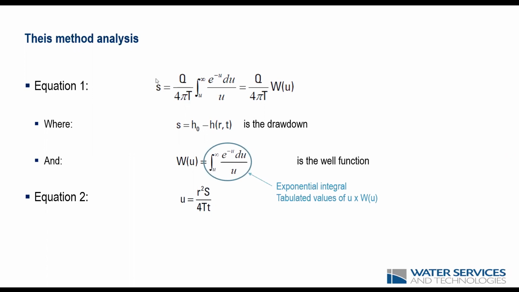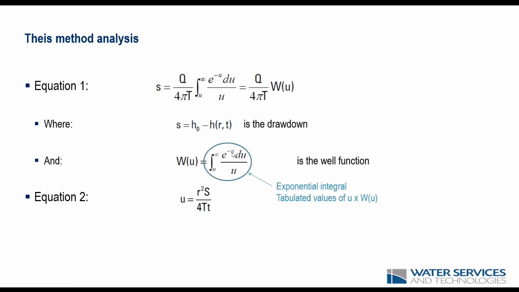One, which relates drawdown to pumping rate and transmissivity based on something we call the well function, which is this W(u). So in this equation, we have s as the drawdown, and once we solve this equation, we will get our results for transmissivity.